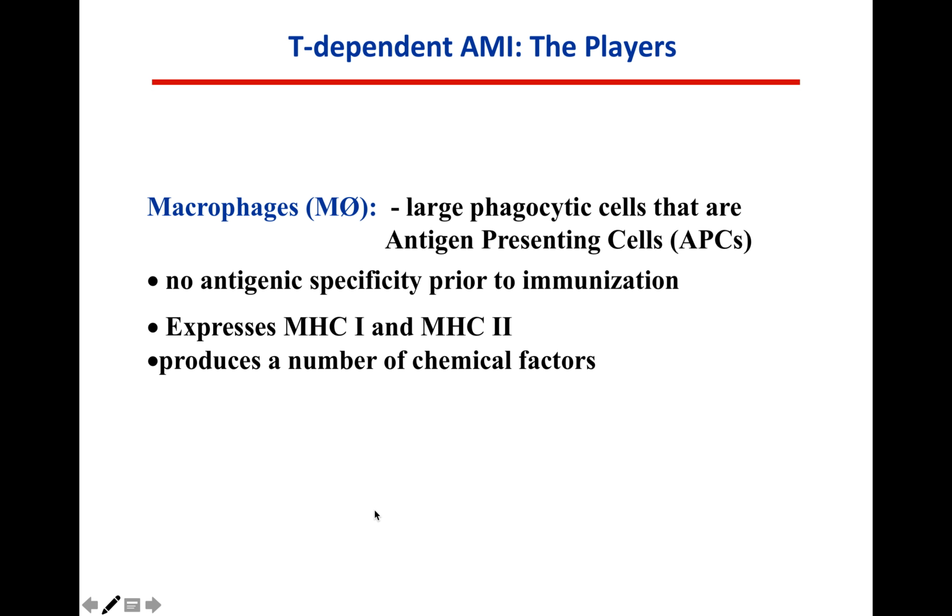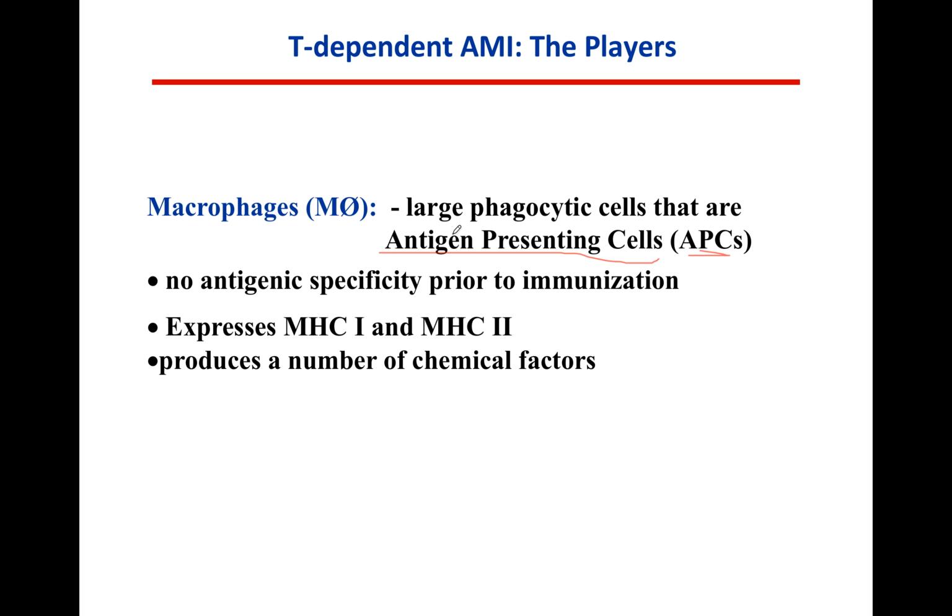Now the players. There are several players to the AMI. One of the first we've seen are macrophages. These are large phagocytic cells that are referred to as antigen processing or presenting cells. And so these antigen presenting cells are called APCs.